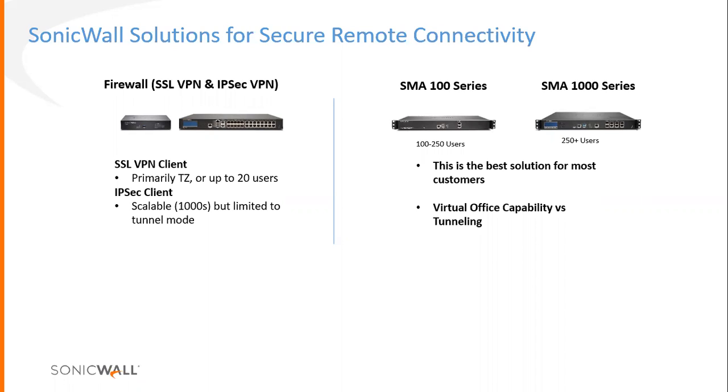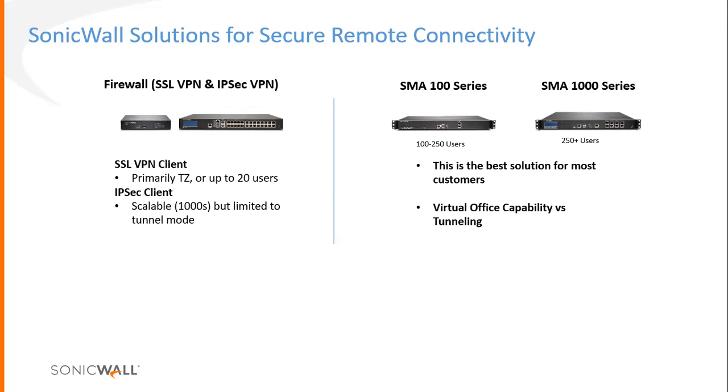And for the SMA, we support web and also tunneling connections as well. If you want to integrate with the firewall, the firewall does both jobs: it protects your network and also controls the traffic for the secure SSL connection and the IPsec connection.